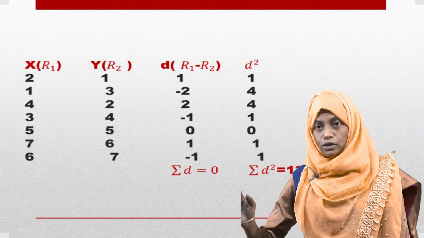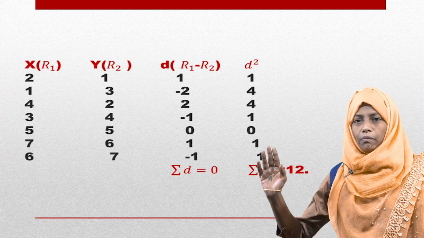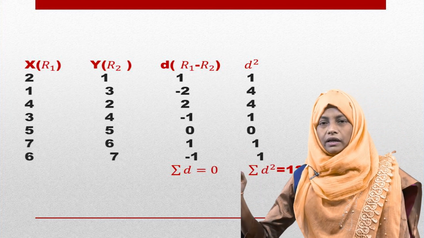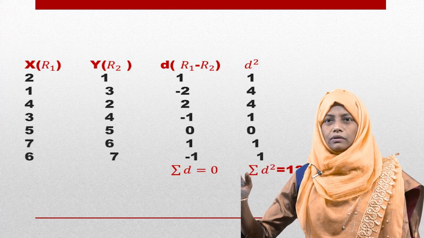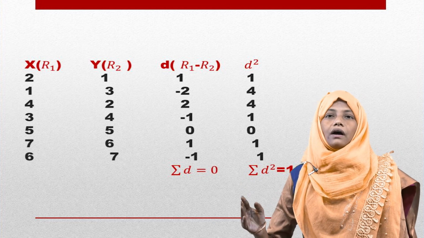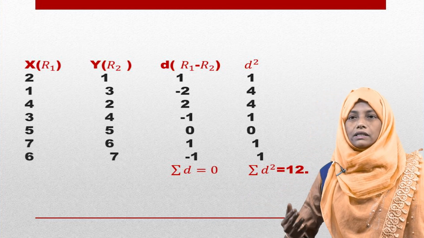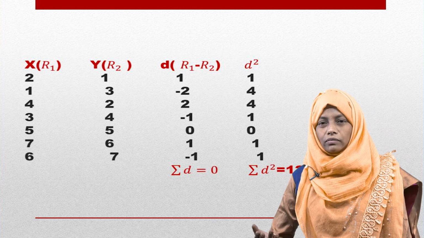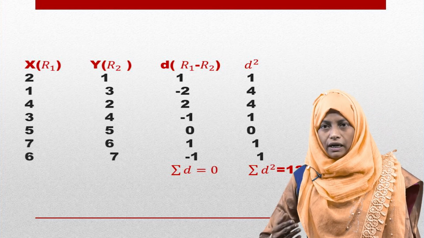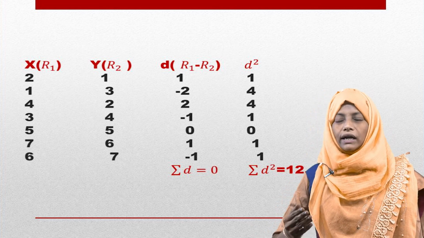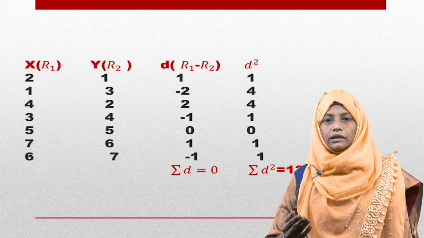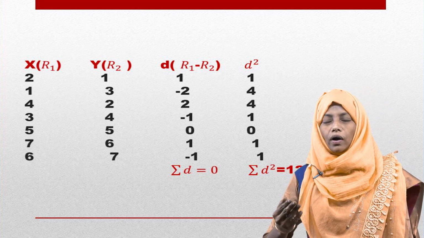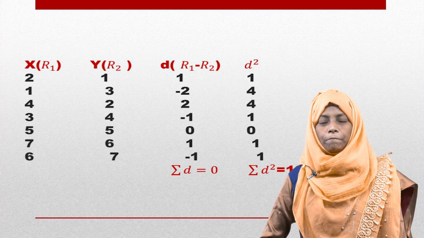Now let us see the solution. With the help of these two sets of data, calculate the rank correlation between x and y. In this problem, ranks are given for x and y. Assume x values are R1 and y values are R2. Here, R1 and R2 are given in the problem.